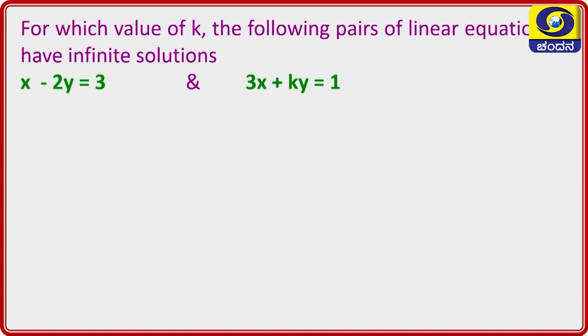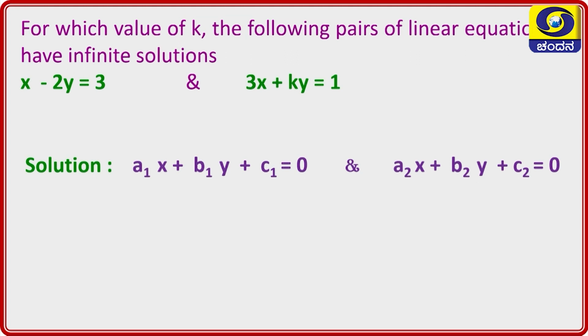recall the condition. First, we have to identify the values of a1, a2, b1, b2 and c1, c2. So, the solution is like this, children. The standard equation is a1x plus b1y plus c1 is equal to 0 and a2x plus b2y plus c2 is equal to 0. Here the value of a1 is 1.